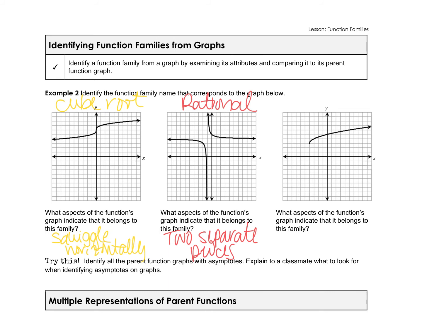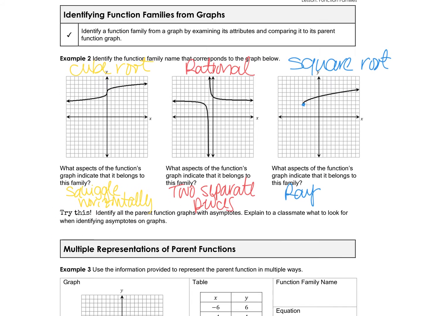Okay, so this next one is a ray here, so it does stop. So this is a square root graph. So I'm just going to put, it's a ray, so it has an endpoint and then it's continuous.